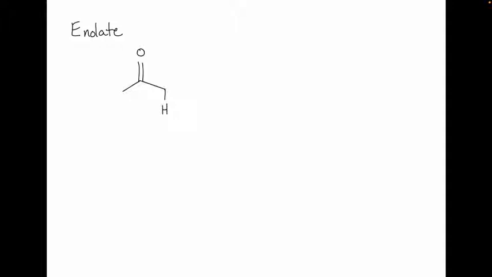So something that's very bizarre about ketones and aldehydes is that this hydrogen right here, what's called the alpha hydrogen, so this is the carbonyl carbon, the carbon right next door is what's called the alpha carbon. These alpha hydrogens are relatively acidic, which means that they can be removed by a base.